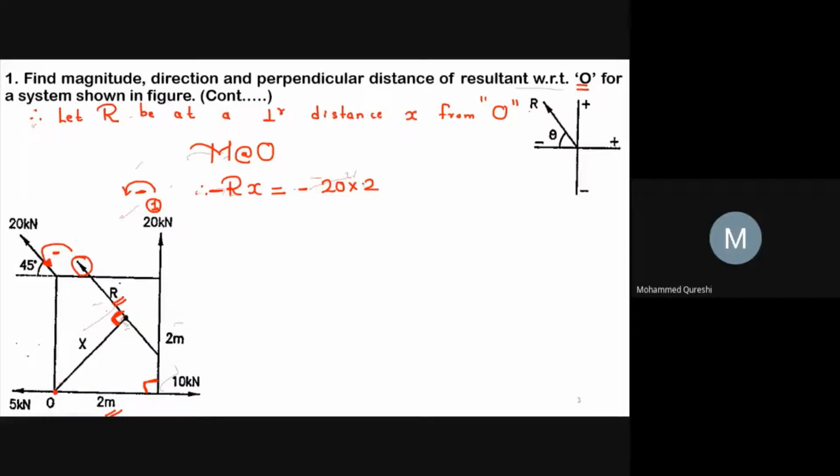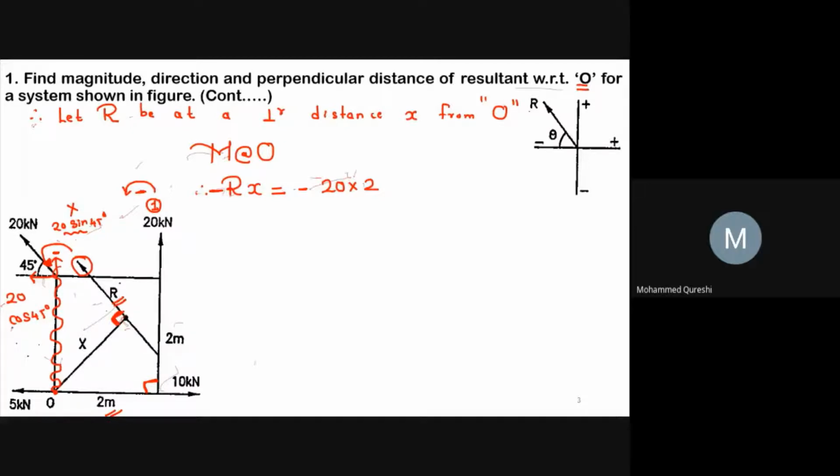Now we will go for another force, the 20 kilonewton force making an angle of 45 degrees with respect to the x-axis. One component will be over here and the second component over here: 20 cos 45 and 20 sin 45. This 20 sin 45 has the same line of action as point O, hence it will be neglected.